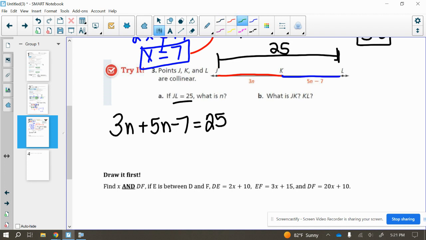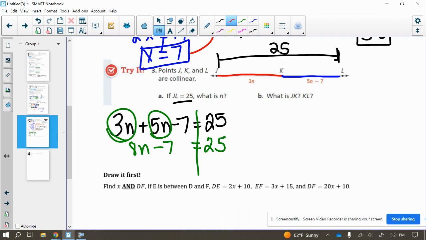An important step before we can start moving things across: we're going to condense 3n plus 5n, so we have a total of 8n. Then we're going to move across our equal sign. That negative 7 will be added so that we end up with 8n equals 32.